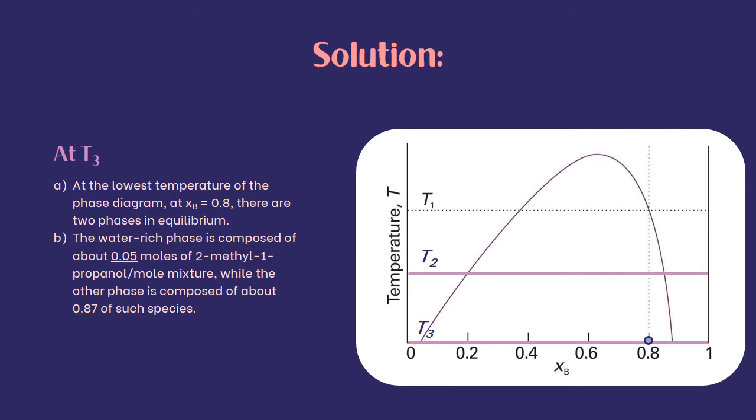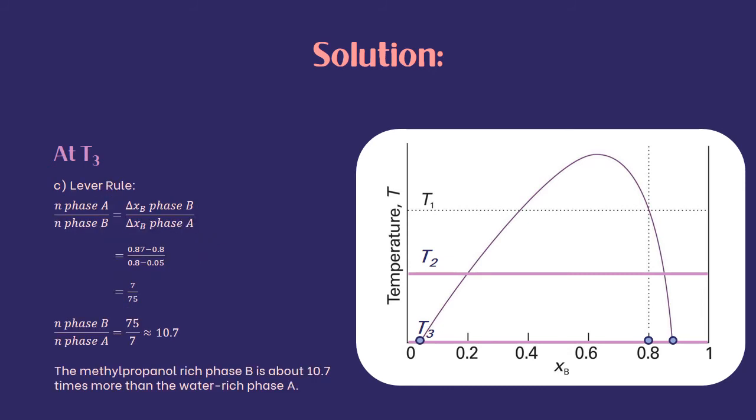Then the water-rich phase, the left part, is composed of about 0.05 moles of methylpropanol per mole mixture, while the other phase, the one rich with methylpropanol, is composed of about 0.87 of such species.